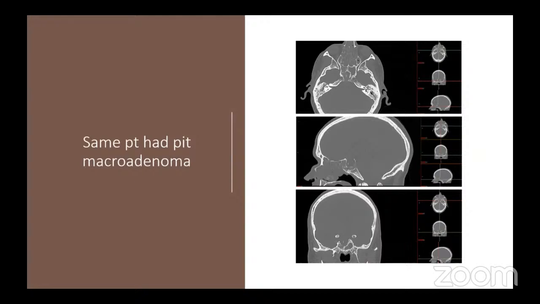The same patient had a macroadenoma and erosion of the floor of the sella. So sphenoid surgery needs to be done with much careful attention to prevent any damage to intracranial structures.